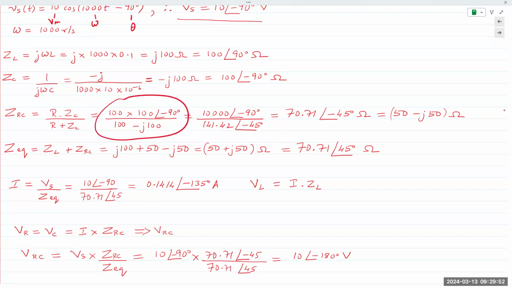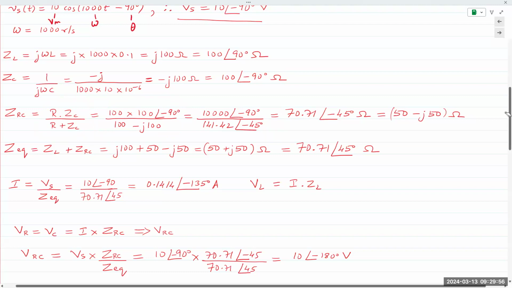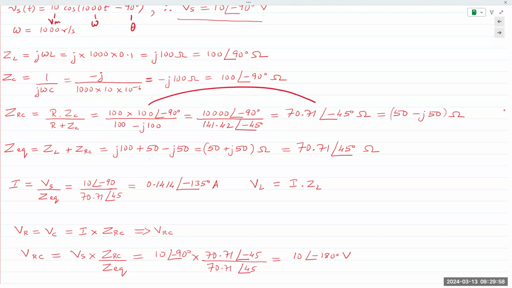At this point, if you have a programmable calculator, you can directly go from this step to this answer, or in the case of rectangular coordinates, this answer. I do not have a programmable calculator and I need to perform a division. I'm dividing R ZC by R plus ZC.